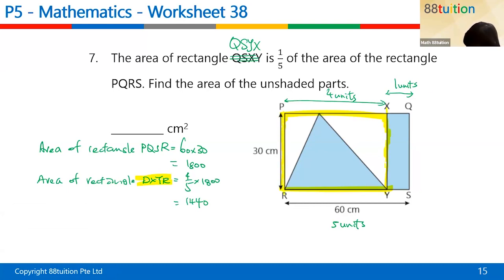Okay, this one. This one is 4/5 of the entire thing. Now, having done this, I am now able to find the area of the unshaded. Now, this area of unshaded is actually half of the rectangle, right? Which rectangle? The one that you found out, PXYR.